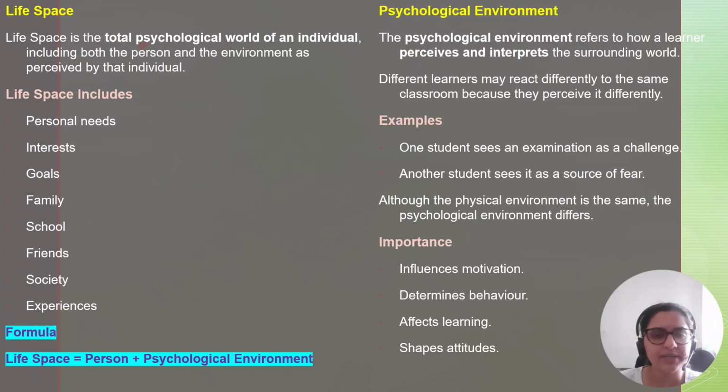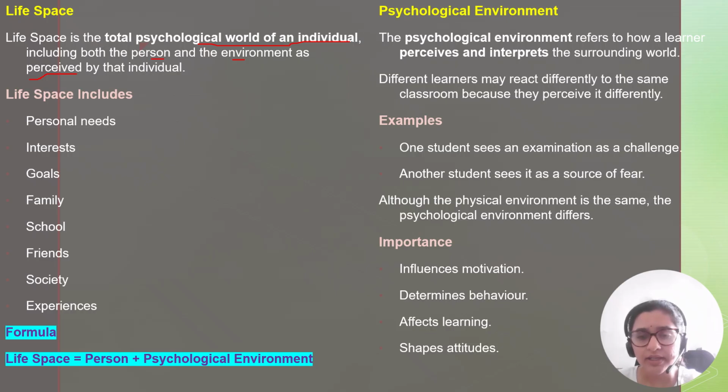What is life space? Field is the total psychological space, or the psychological processes that are happening in a person's mind. Life space is also similar. It is the total psychological world of an individual, including both the person and the environment as perceived by that individual.